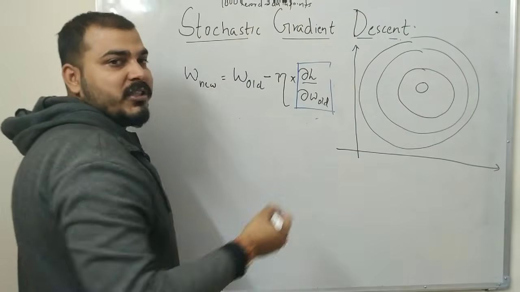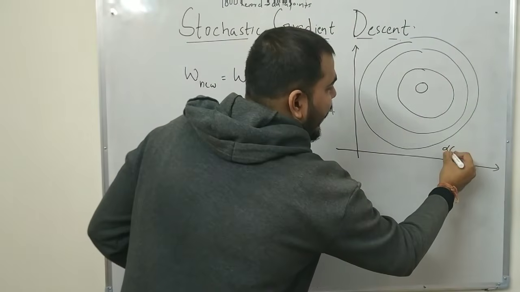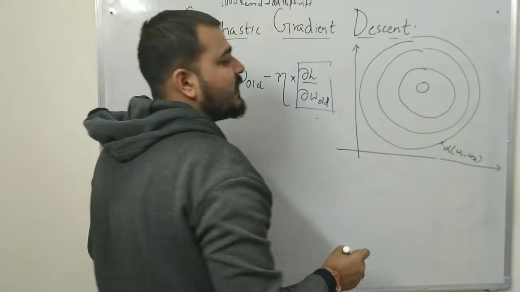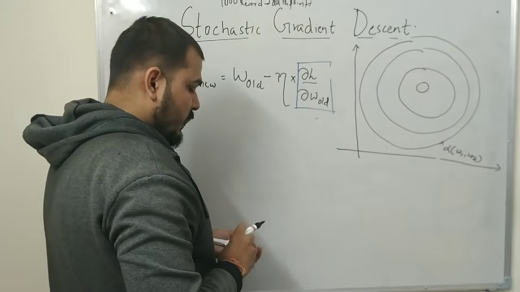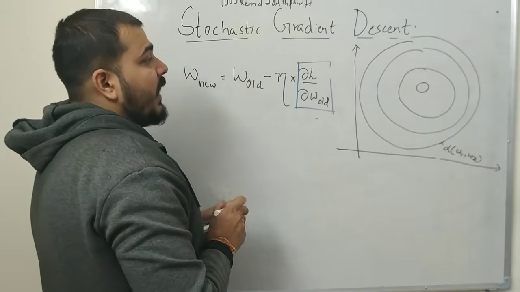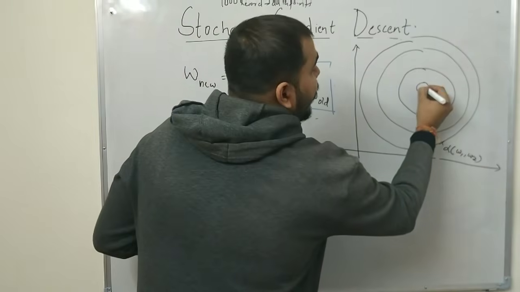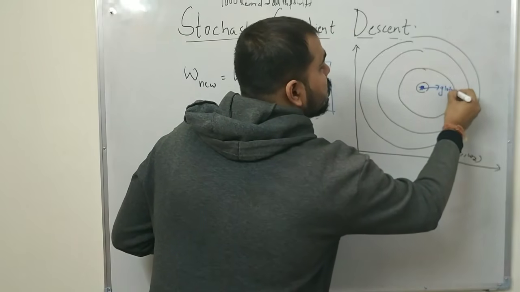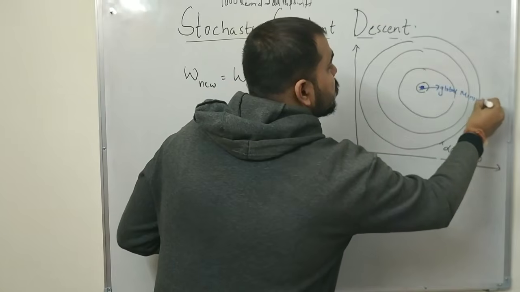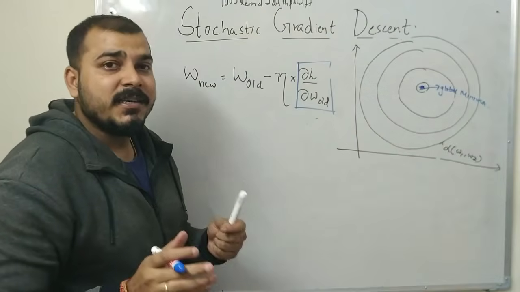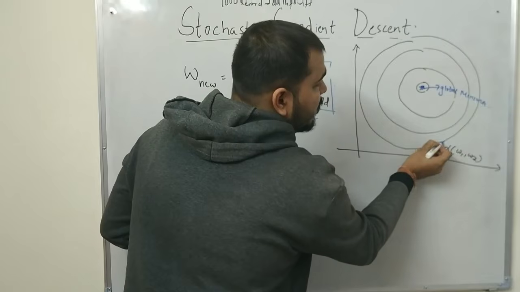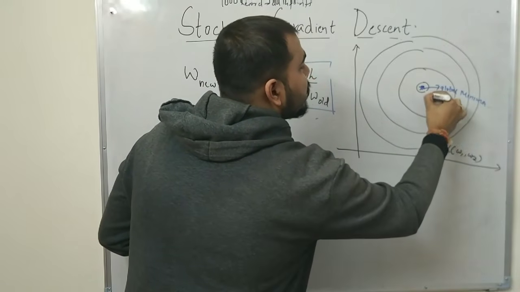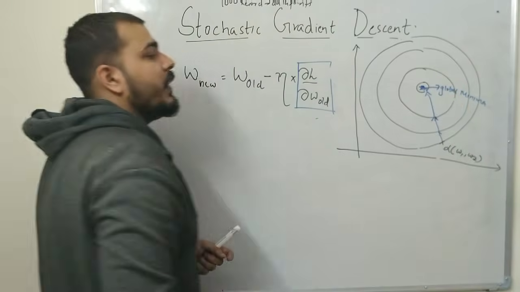Consider that this is a two-dimensional graph and my loss has two weights, suppose W1 and W2. This particular point specifies W1 and W2. Now suppose this is the point that I have to reach, the global minima. If I use gradient descent, then the convergence will happen directly like this. The path will go somewhere like this and finally reach over here.